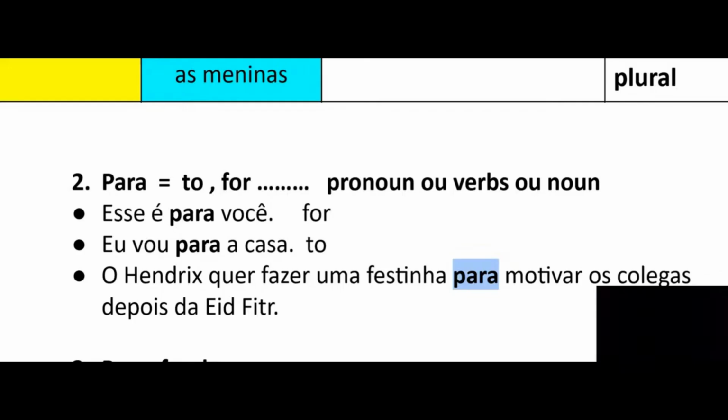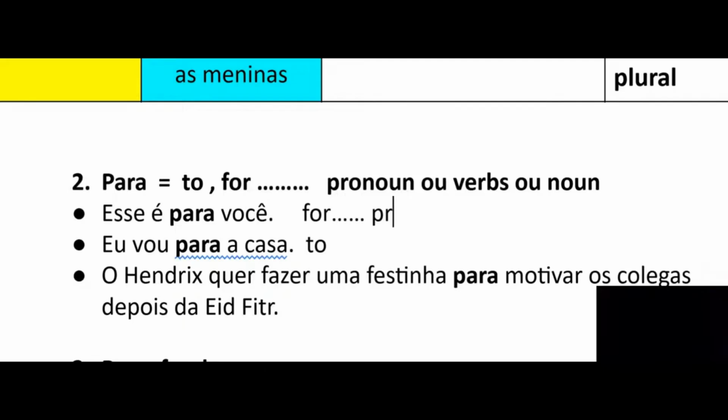To motivate the colleagues after Eid Fitr. So mostly, if you want to use the para, the next word is either a verb or a noun which follows. But mostly, when you want to use it as for, most of them are pronouns.